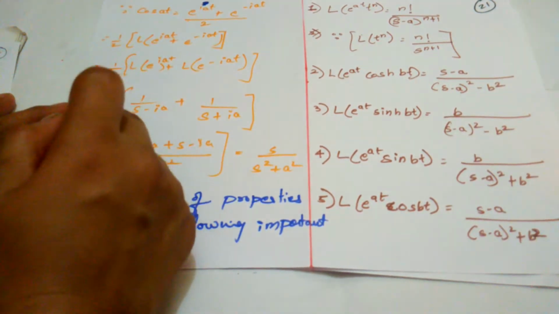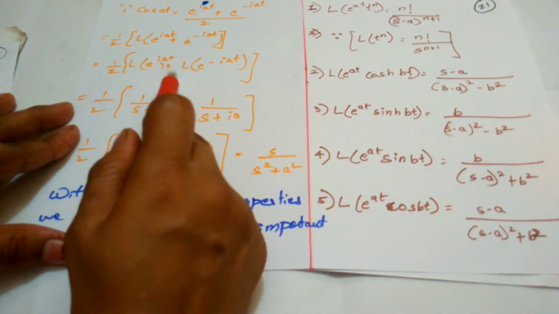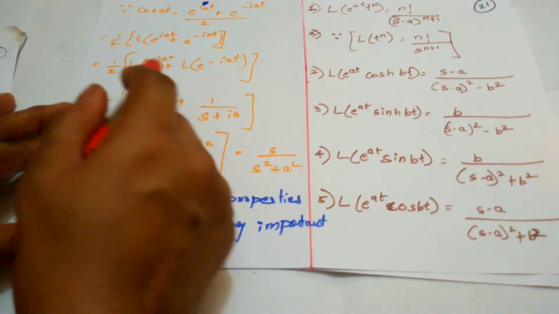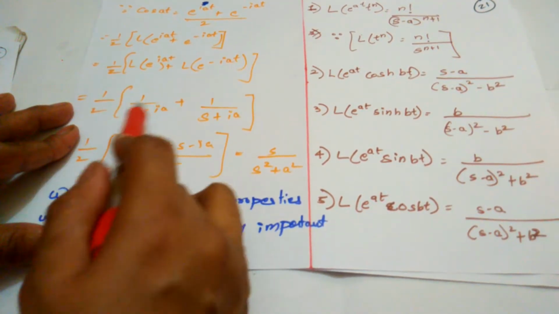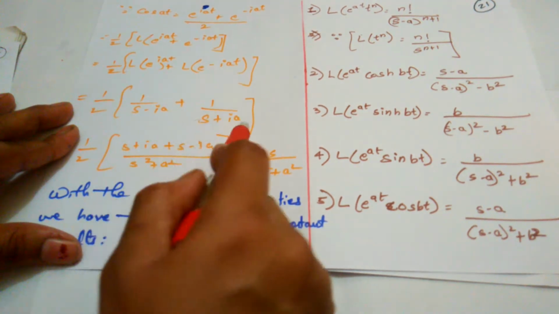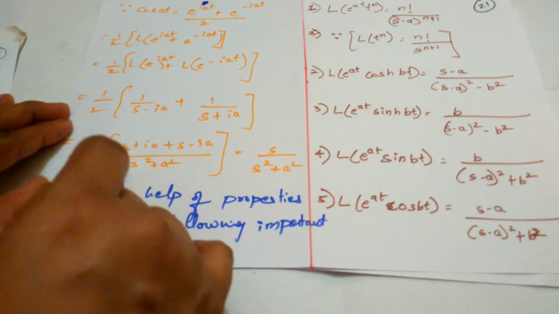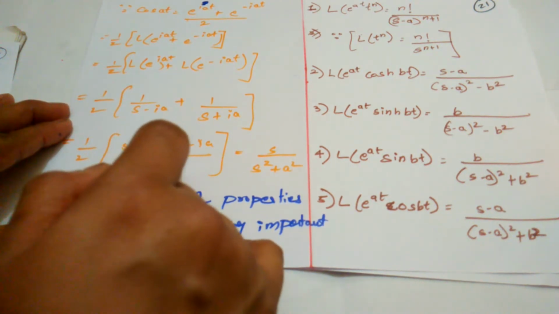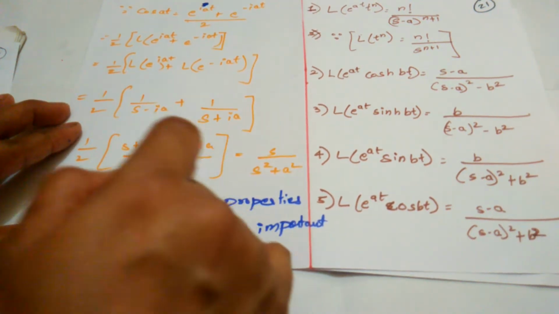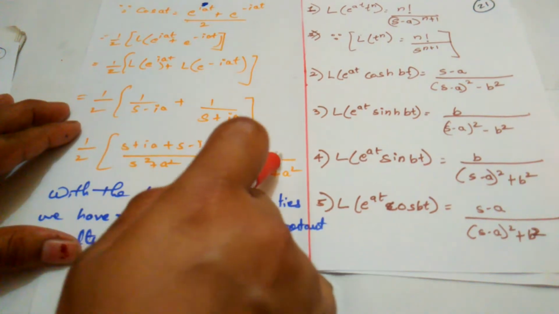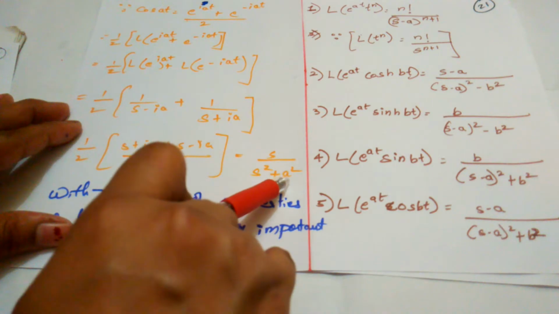Opening the brackets, 1 upon 2 L of e raised to iat plus L of e raised to minus iat. Solving this, we get 1 upon s minus ia plus 1 upon s plus ia. Solving these steps, s plus ia plus s minus ia, so the ia cancels, giving 2s over s square plus a square, which is equal to s divided by s square plus a square.